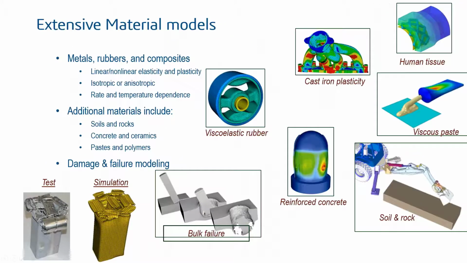Our solver products have an extensive library of material models, covering almost any material that's used in the engineering industry. In addition to the material models as such, we also have an extensive damage and failure modeling capability, both for bulk failure and interface failures.